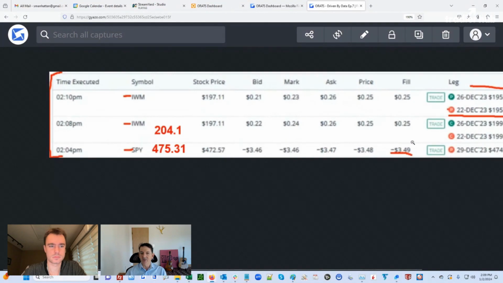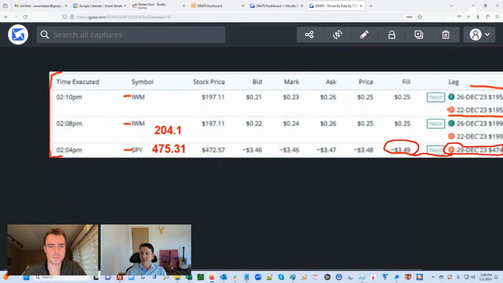And then we're continuing on our wheel strategy, Tyler. At the last show, the 26th of December, we were short the 474 puts for 3.49.